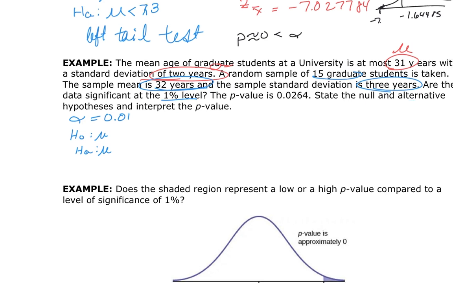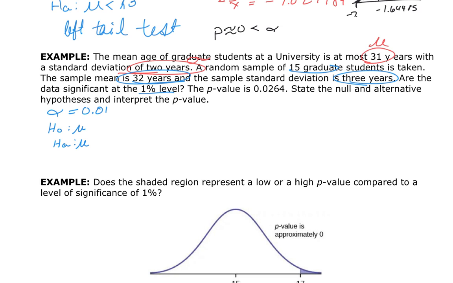Okay, a random sample, is the data significant? State the null hypothesis. Our status quo is the mean age of graduate students is at most 31. So this is less than or equal to 31. That means this by default is greater than 31. And since I'm pointing in this direction, this tells me I'm a right tail test. Right tail test.